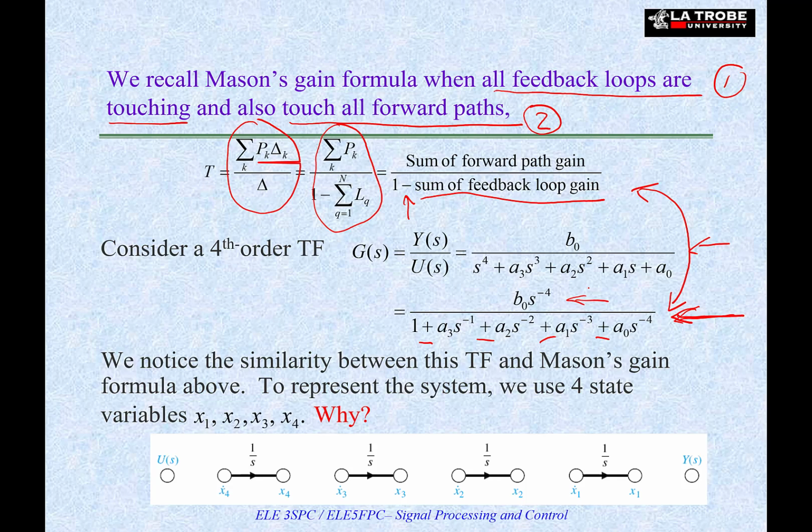Another thing I would like to draw your attention to is that for this fourth order system, we should only have 4 state variables, x1, x2, x3, and x4, because the order of the system matches the number of state variables. It is important to note that the building block of the signal flow graph in a canonical form is the integrator.